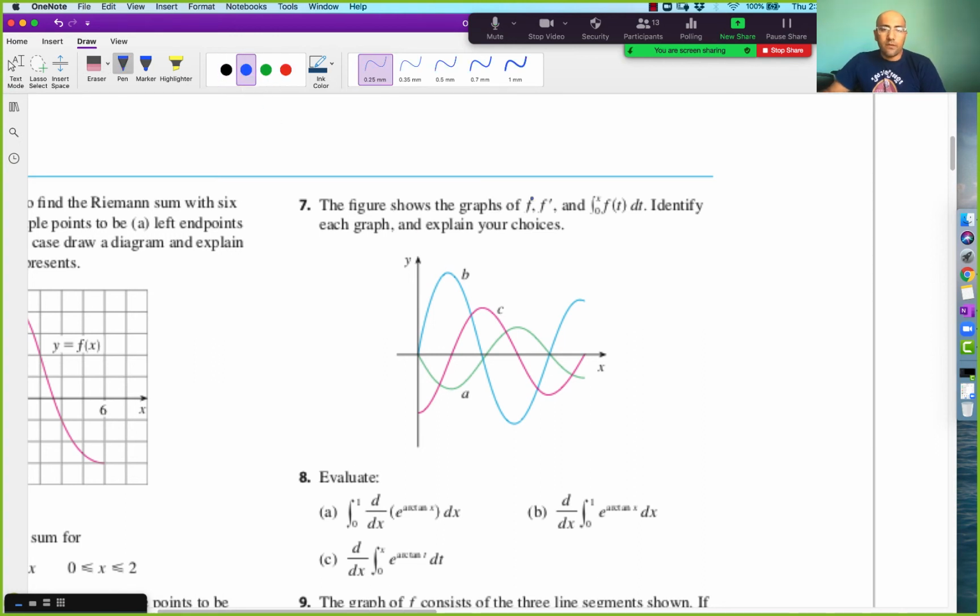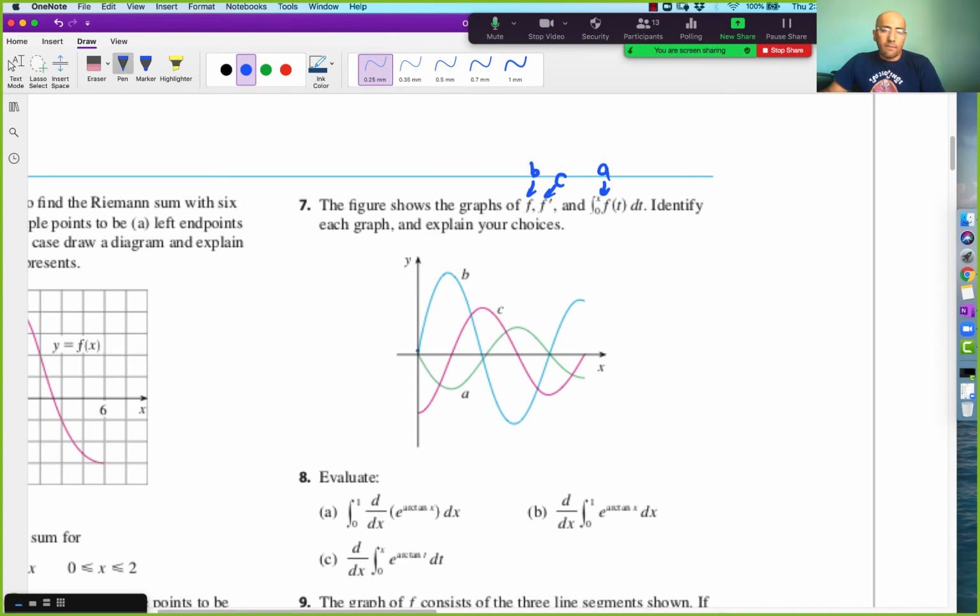So let's see. B is the original, and C is the derivative. Therefore, A must be this one. Because B is going up, and then when it starts going down, that's where the derivative hits the 0 point. I mean, C hits the 0.